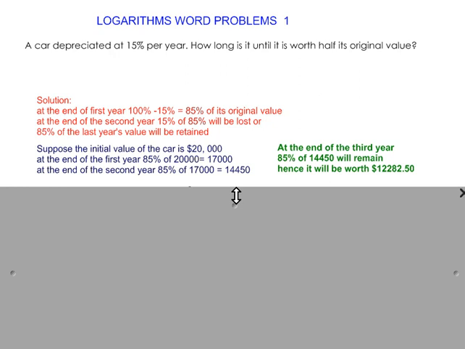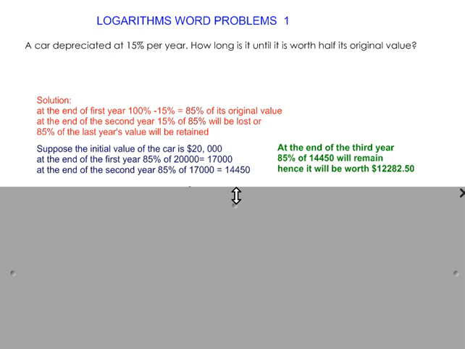So 15% off reduces to 17,000 at the end of year 1, and then you lose 15%, so you retain 85%. This is why you get 14,450. At the end of year 3, you're losing 15% of the previous year, so this is why you get 12,250. So this is the illustration that allows you to see the drop in price.